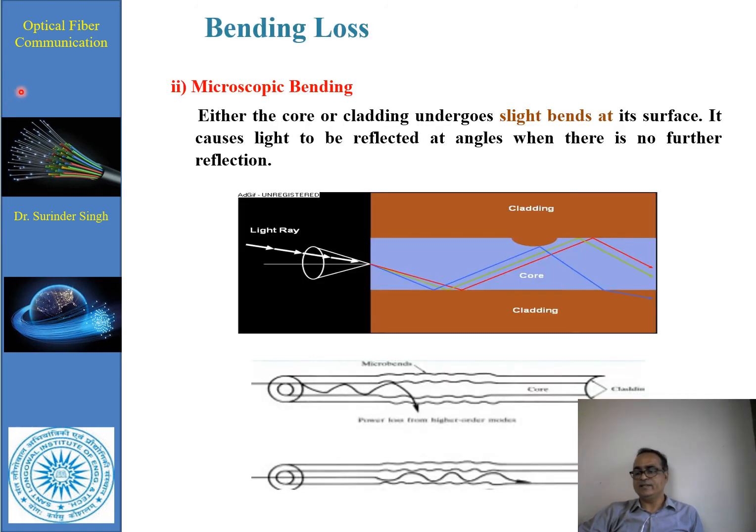Another is microbend loss. These microbends are small fluctuations in the radius of the fiber. This is caused by non-uniform manufacturing of the fiber, or sometimes by lateral pressure, or sometimes by packaging loss.